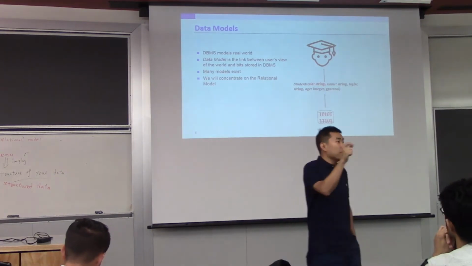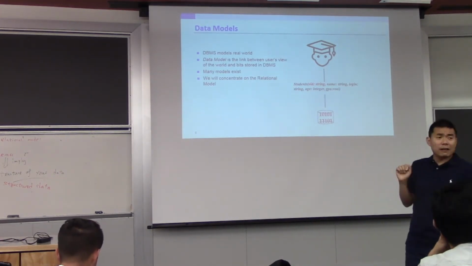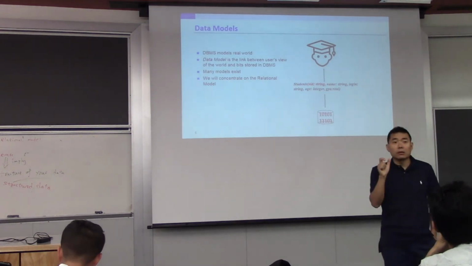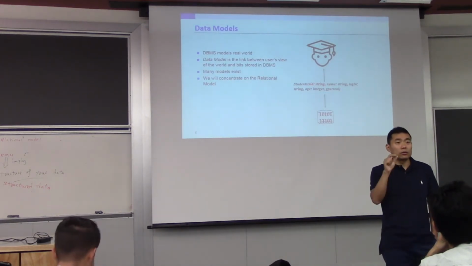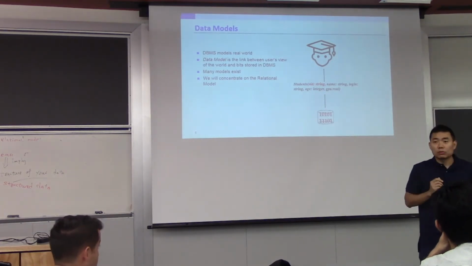For example, there may be a flag. You say, I go with key-value pairs. Fine, I'm going to reserve the first byte of the value as a flag field, indicating the major of the student. 001 stands for CS, 002 stands for business, and so on and so forth.